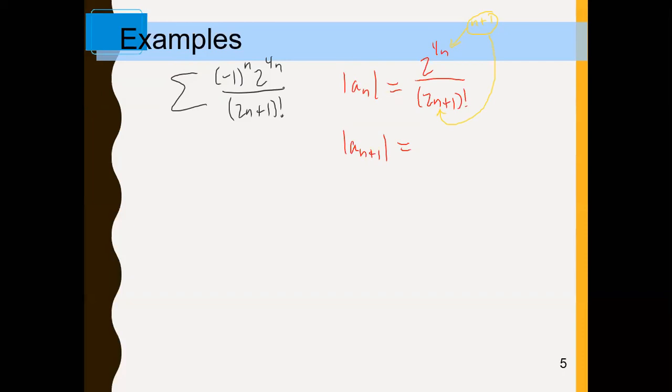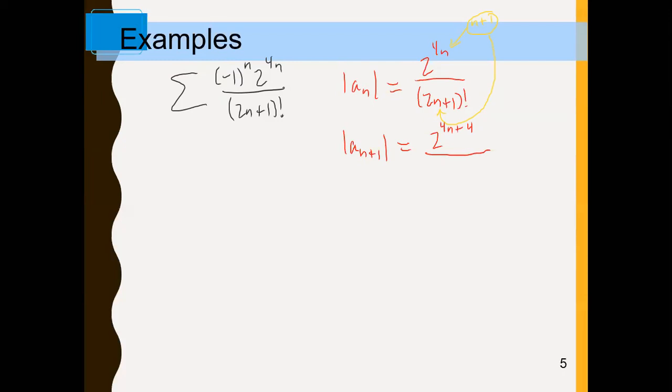Okay? 4 distributed n plus 1 gives me a 2 to the 4n plus 4. Basically, I just distributed the 4 to n plus 1. And downstairs, I have to distribute 2 to the 2 times n plus 1.